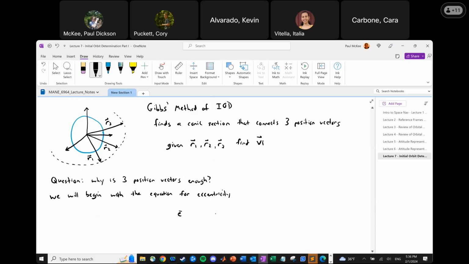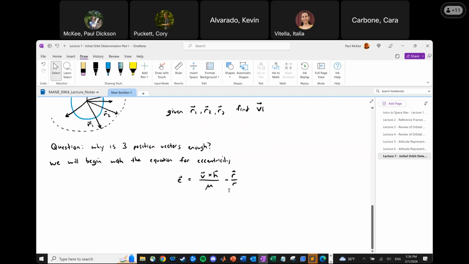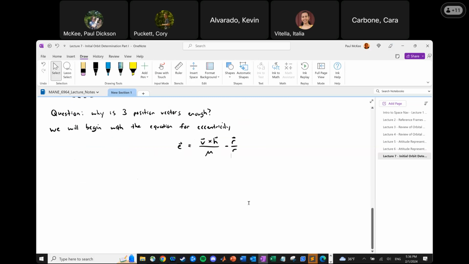So e is equal to v crossed with h over mu minus r over r. So this is not news, right? We've talked about this before. And I'm looking at my next page of notes, and we are about to embark on a mathematical adventure, the likes of which you've never seen. So if I start to go too fast, or if I'm scrolling too fast, just let me know, and we can go back up.